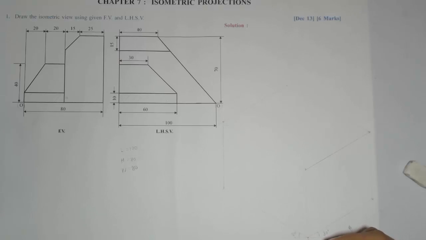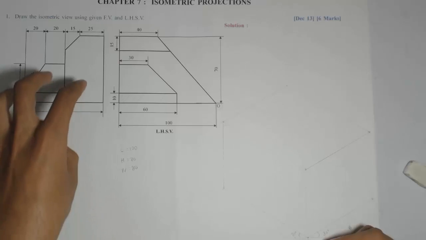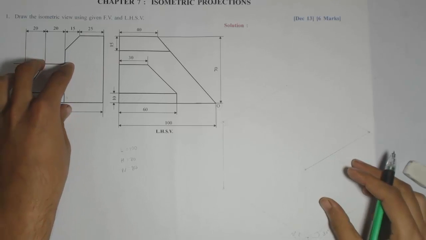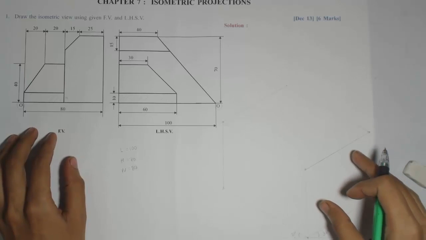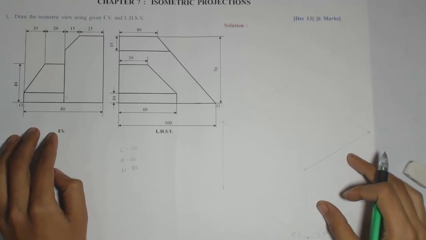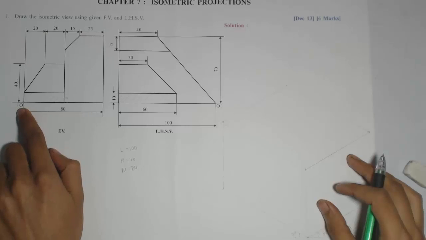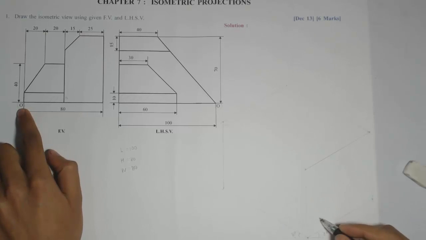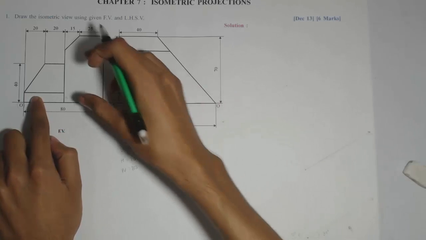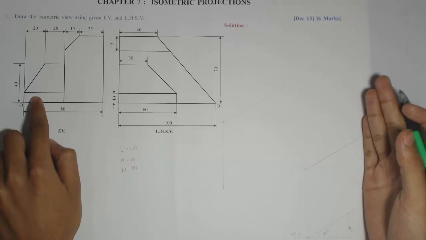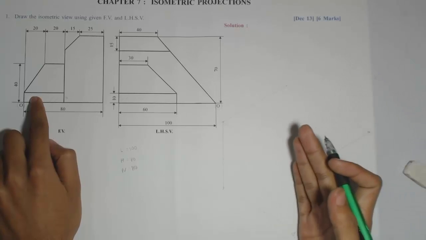Now with respect to this origin, I need to place these views on the corresponding planes. So obviously if I want to get the front view here, my origin will be here, so that rectangular strip I'll be able to see here, that 10 mm height, and then correspondingly this bigger part will be seen from this boundary of the rectangle, not from here.